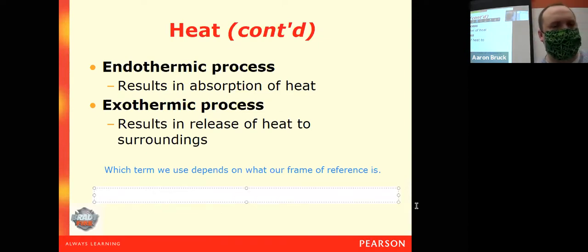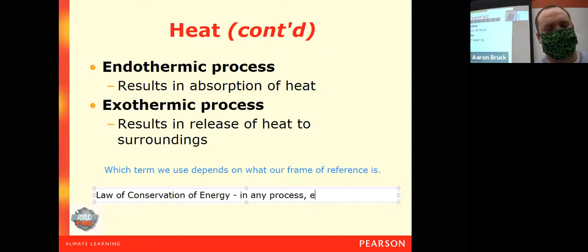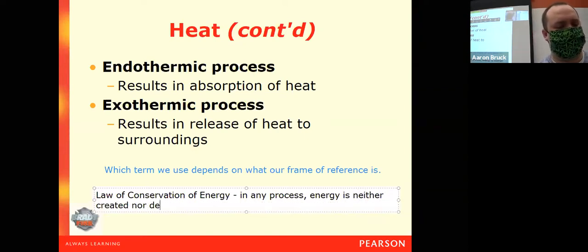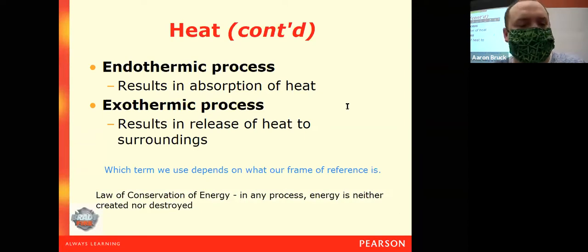And this speaks to a familiar but needed-to-be-stated-explicitly concept: the law of conservation of energy. The law of conservation of energy says that in any process, energy is going to be neither created nor destroyed.